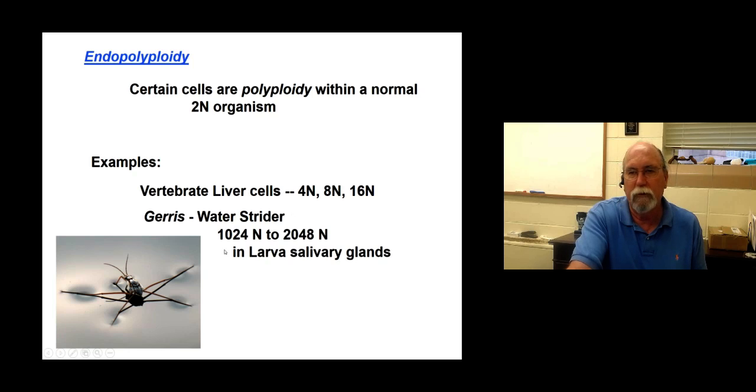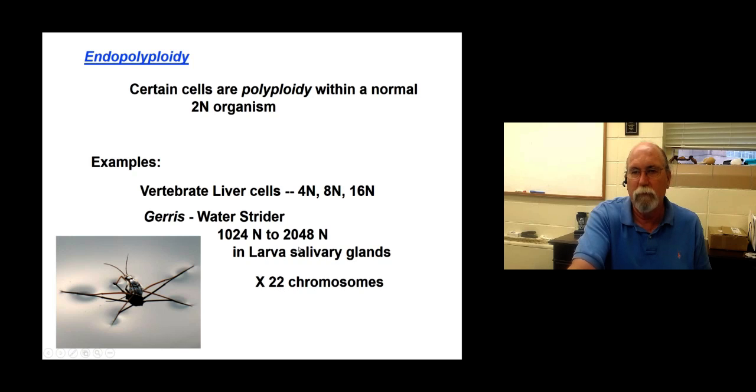In the larvae of water striders, the salivary glands have this sort of runaway replication without mitosis. Some of the cells in there can be found to be 1024 up to 2048N in these salivary glands. Now, if we think about it, these guys have 22 chromosomes.